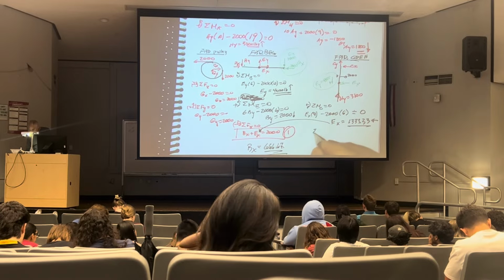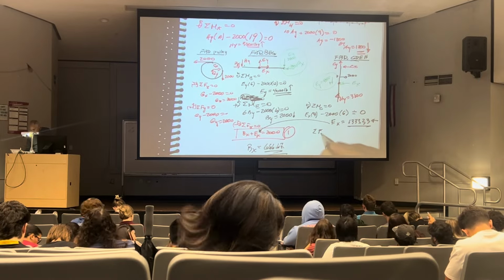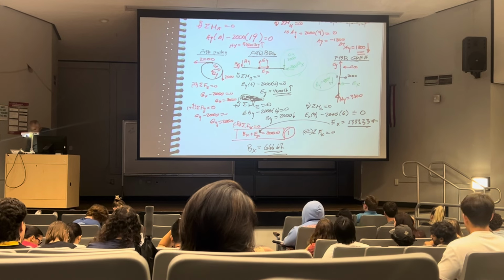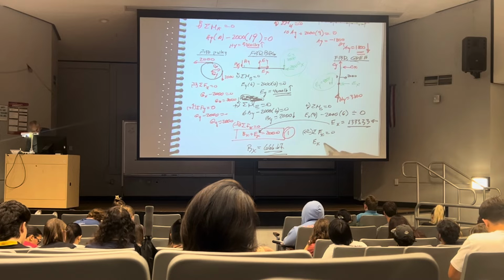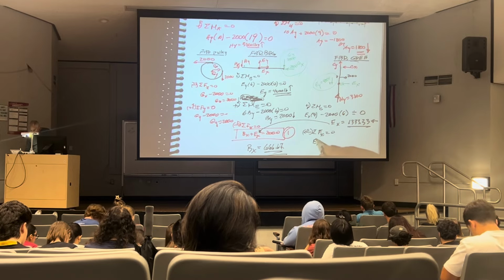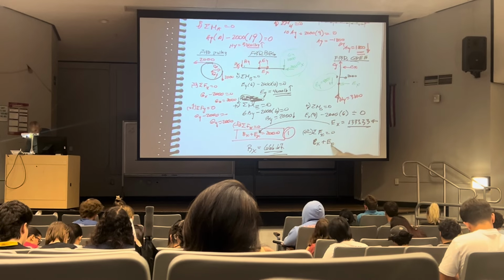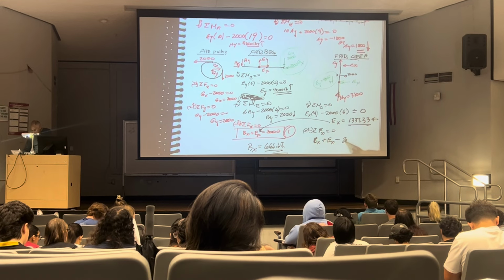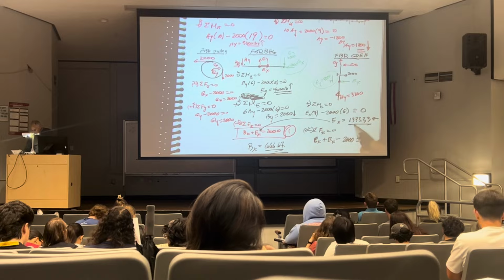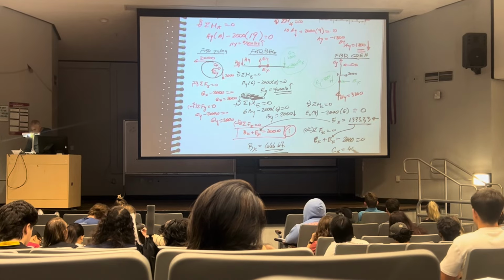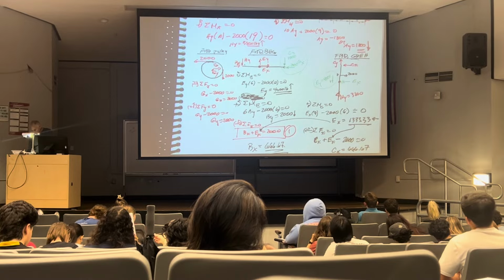Sum forces in the X equals 0, positive that way. That's CX, not EX. CX plus EX minus 2,000 equals 0. Take this EX, dump it in here, and CX comes out 666.67.